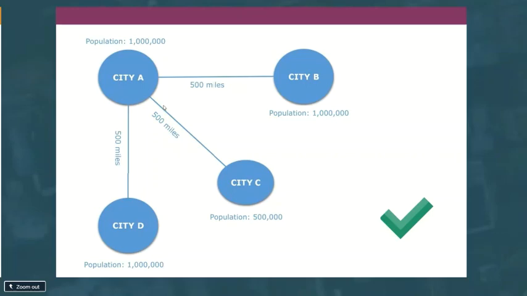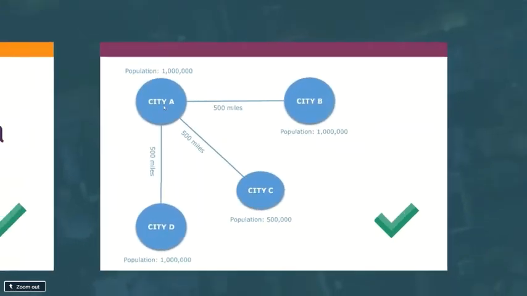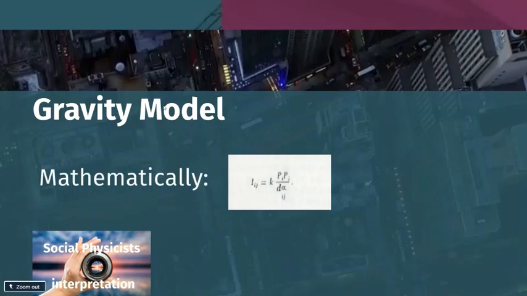Similarly, because Accra and Kumasi are bigger, we should expect more interaction between Accra and Kumasi than between Accra and Sekondi Takoradi, even though the distances between these three cities are almost the same. But the size of Kumasi is bigger than that of Sekondi Takoradi, so we should expect more interaction between Accra and Kumasi than between Accra and Sekondi Takoradi.